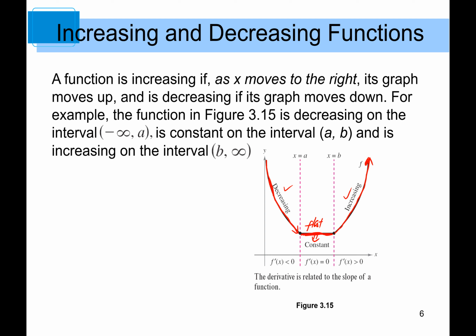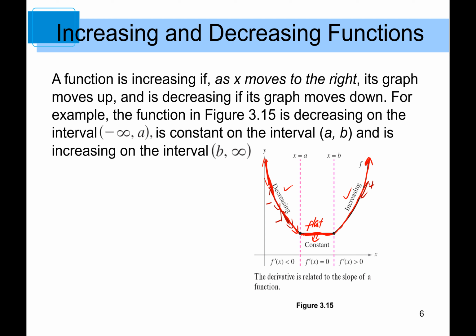Okay. And then if you look at it, for a decreasing interval, the slope of the tangent line at every single point is going to be negative. You look at all these lines with a negative slope. And for the constant interval, every single slope equals 0, meaning it's flat. So slope equals 0. And for all the increasing intervals, the slope of the tangent line is positive.